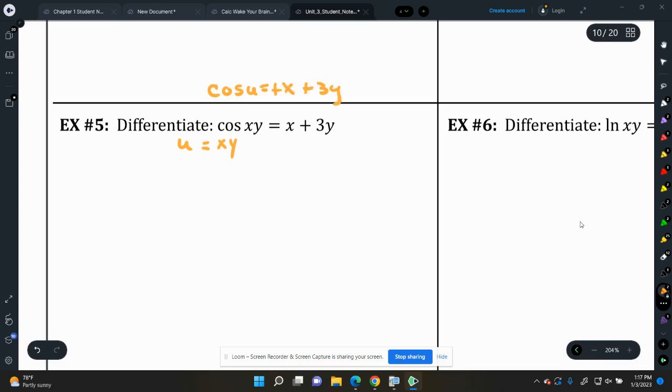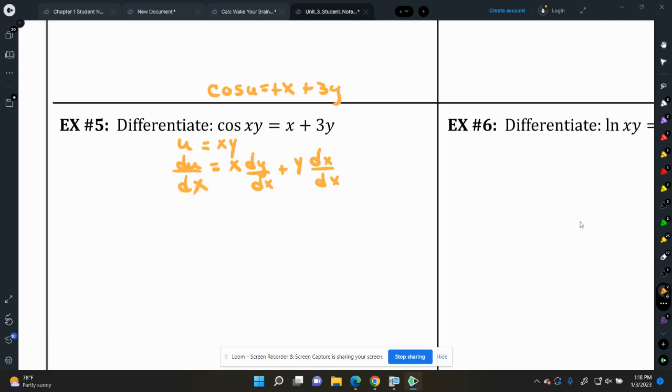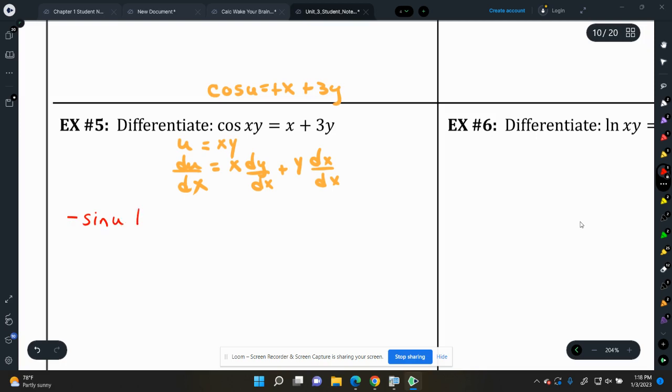So du, that's going to be the first times the derivative of the second plus the second times the derivative of the first. So we're looking at the derivative of cosine u, which is negative sine u du dx.